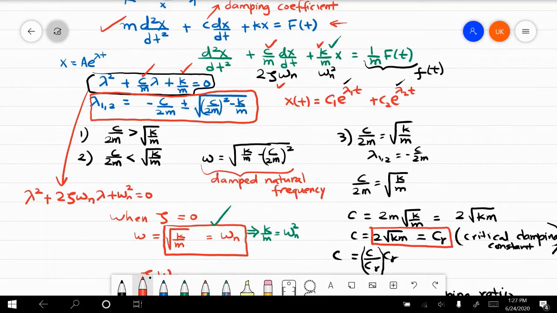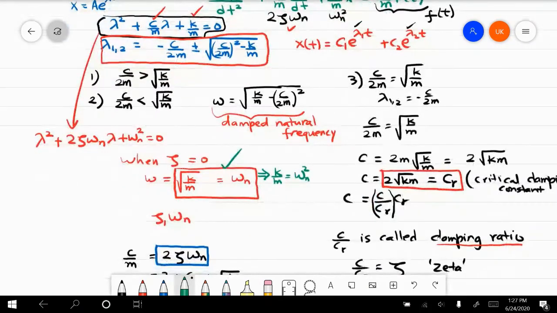Okay, so when you actually make the substitution and simplify, you will get lambda 1,2 equals minus zeta times omega n plus minus i omega n square root of 1 minus zeta squared.